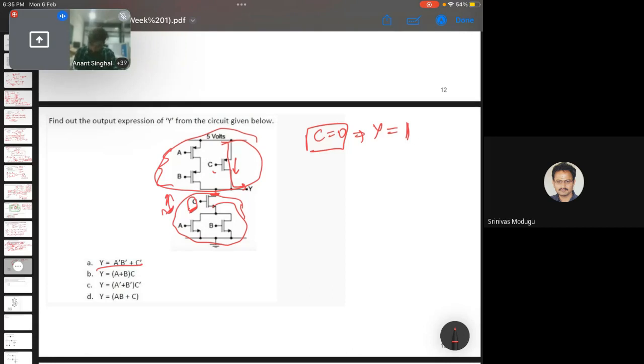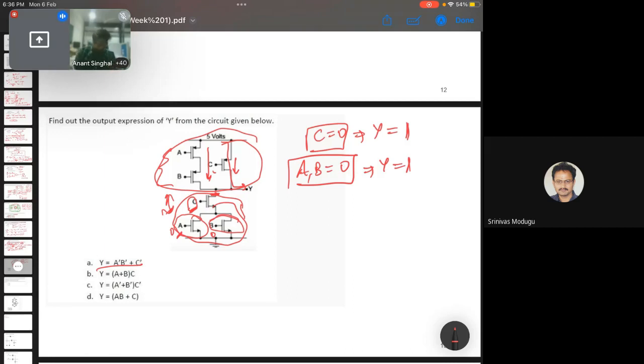Okay. So now similarly for the case of this A and B. If we make both of them 0, you can see there will be no connection between the ground and this output terminal, and both these PMOS will be in saturation. So again, if both A and B are 0, Y will get high. So these are some of the cases.